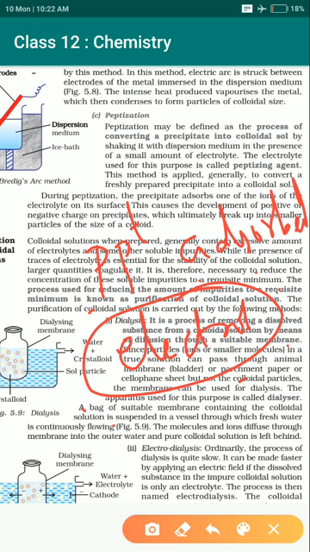Because of this adsorption, positively or negatively charged particles develop on the precipitate, and then they slowly break down to the size of a colloid.